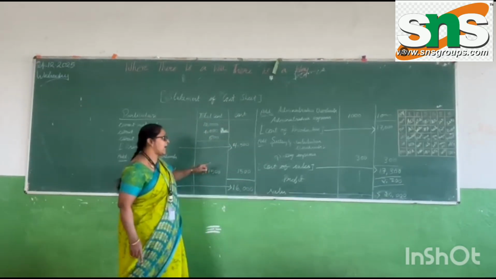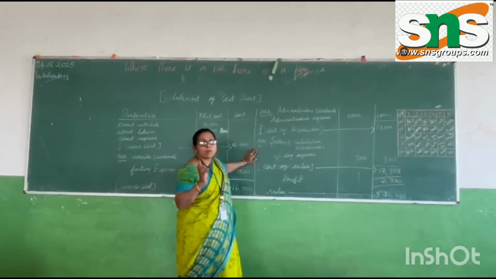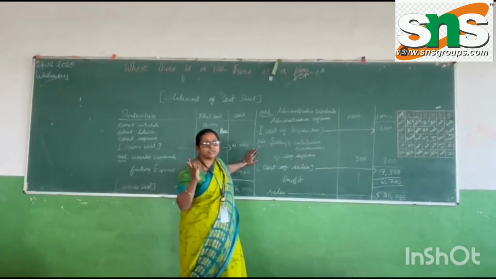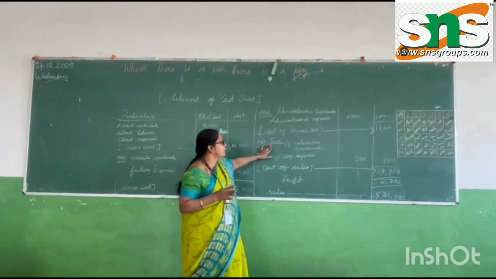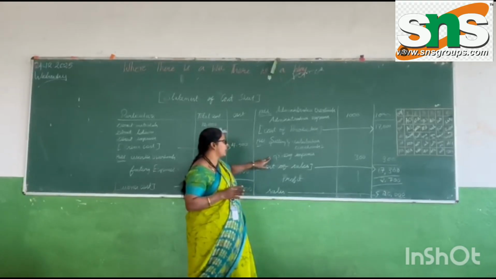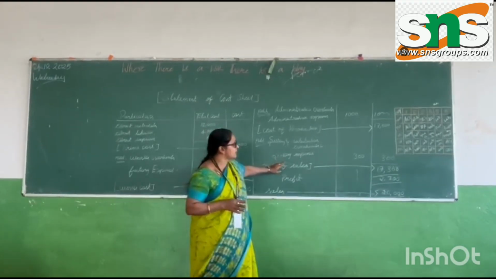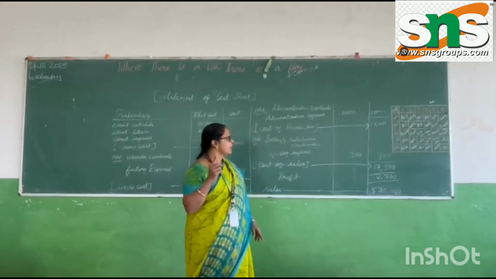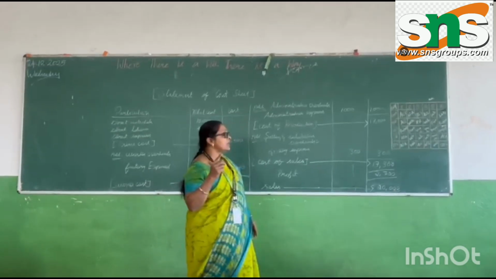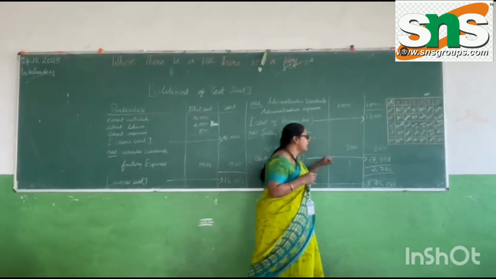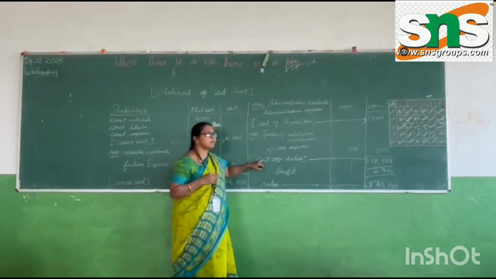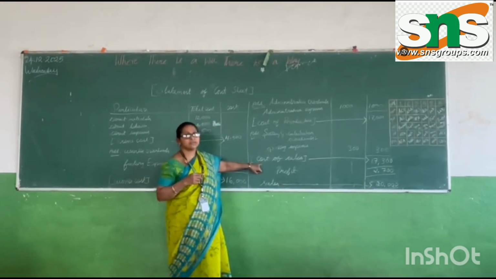Next, there is no opening stock of finished goods, and closing stock of finished goods is not given. So we directly add the selling and distribution overheads. Only selling expenses are given, a value of rupees 300. We add it to the 17,000 and get the answer of 17,300. That is called cost of sales.